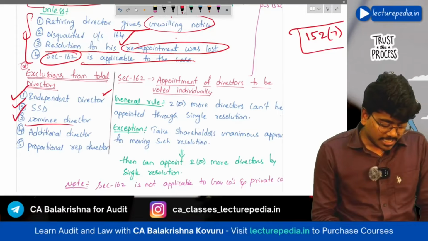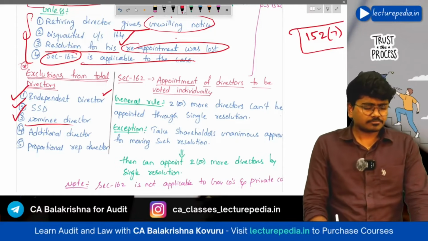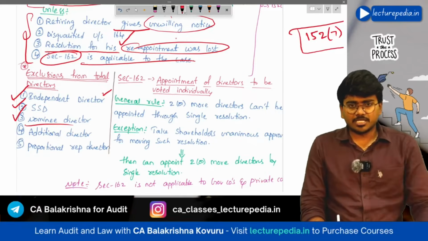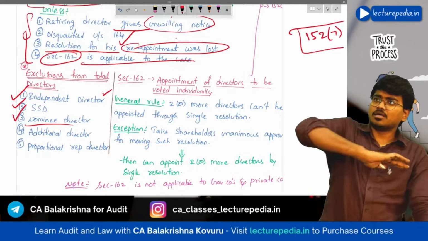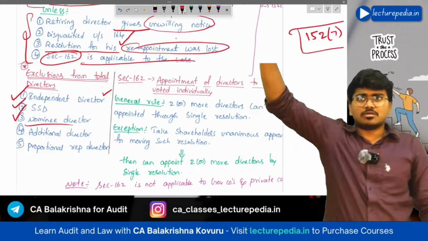Next, nominee director. First of all, who is a nominee director? Let me explain. Let's say there is a company. This company has taken a huge amount of loan from a bank, let's say SBI Bank, some 1,000 crores.